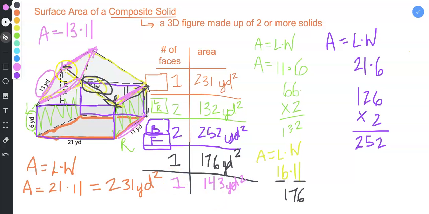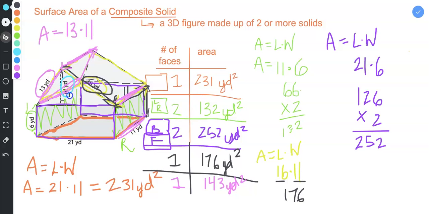Now, the triangles, you can see, are congruent. They have the same base. There's the same distance between this base and this height, and this base and this height, or this base edge, I should say, and the height here. So we only need to find the area of one of the triangles. So I'm going to just highlight one of the triangles, and you can barely see it.